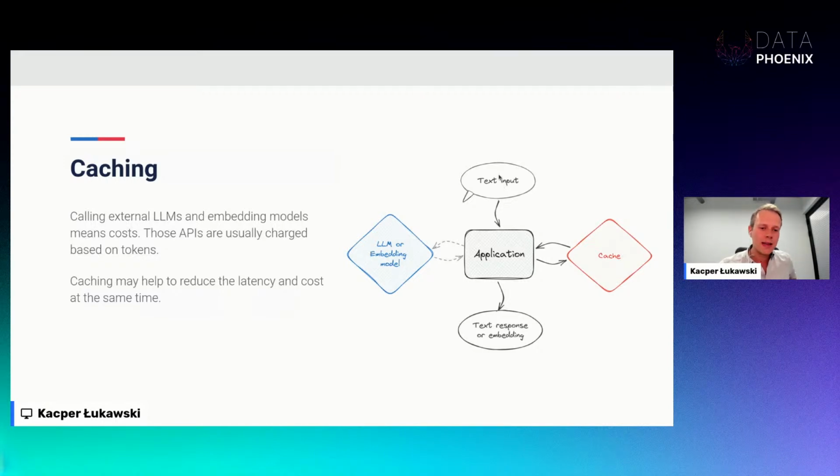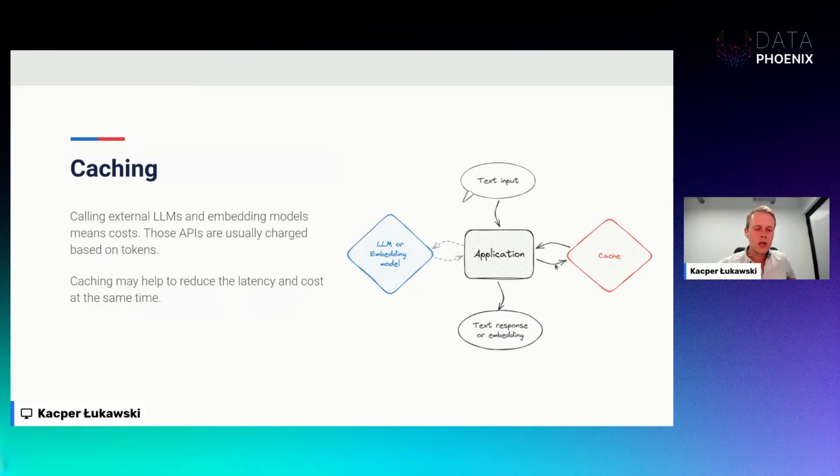And the same goes for embeddings. If we have our text input that we vectorize through some embedding model, then we can make this step optional, just because we can have another collection in which we will be storing the text inputs.